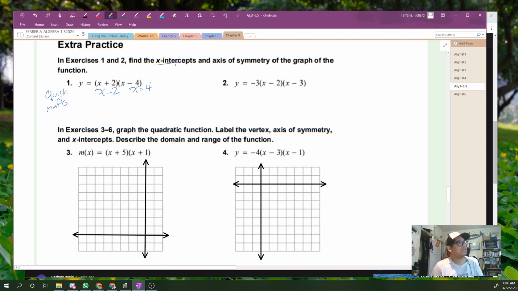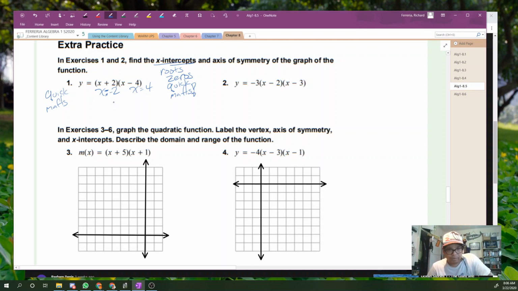Those are the x-intercepts, which are the same thing as the roots, which are the same thing as the zeros, which is the same thing as quick maths. So that is where x equals -2, x equals 4. That's where our roots, our x-intercepts, are.